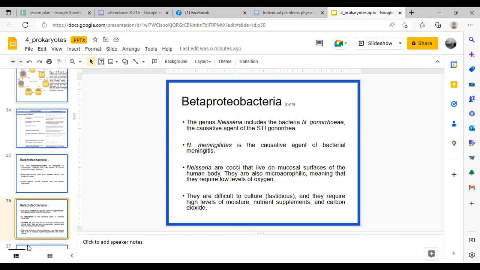They're also difficult to culture, so that means it's fastidious. They require lots of water, so you need high levels of moisture. That's why they're eutrophs. They need a lot of nutrient supplements and carbon dioxide as well.